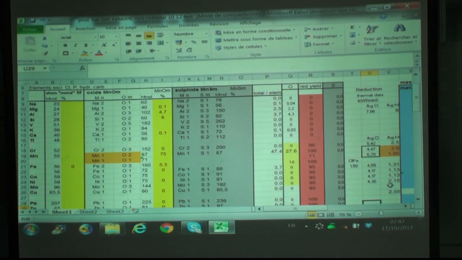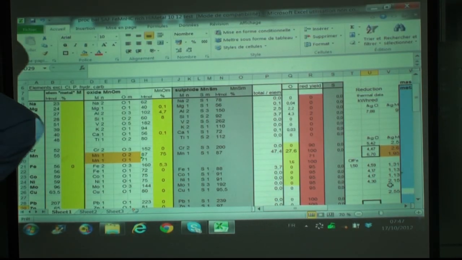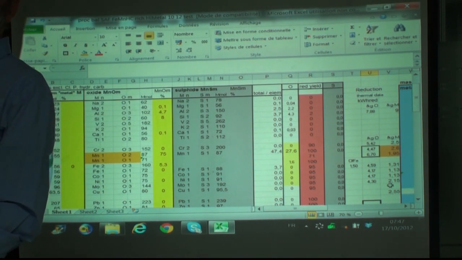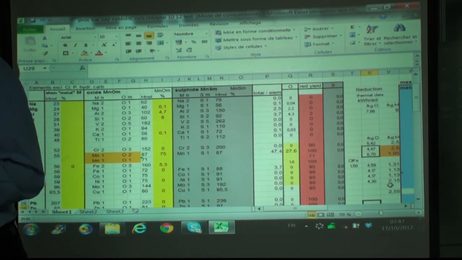But actually, magnetite is in reality just the combination of FeO and Fe2O3. You see, the combination of these two gives this.